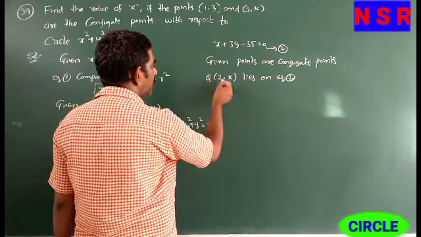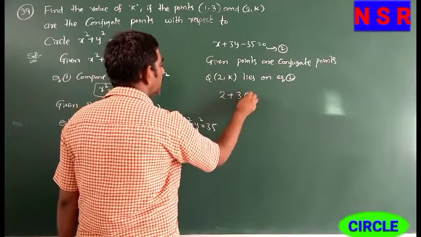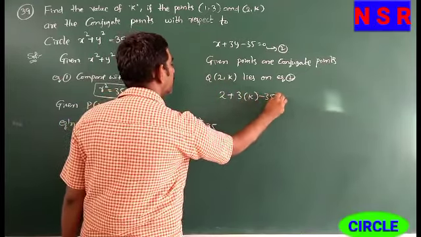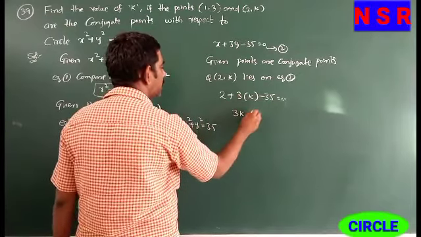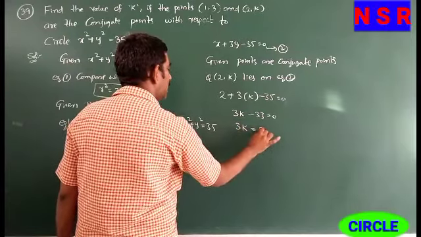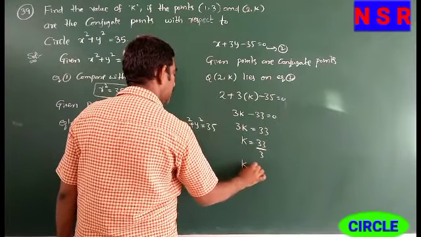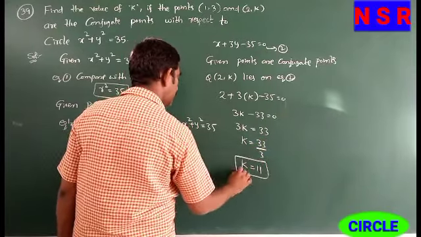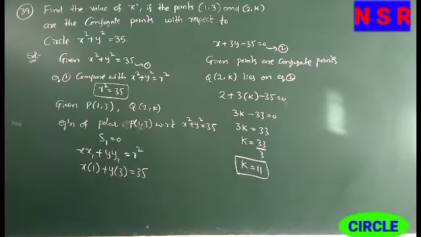Substitute 2, k in place of x, y: 2 + 3k - 35 = 0. So 3k - 33 = 0, so 3k = 33, k = 33/3, so k = 11. This is the value of k if the given points are conjugate points.